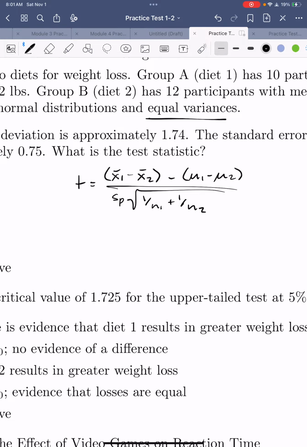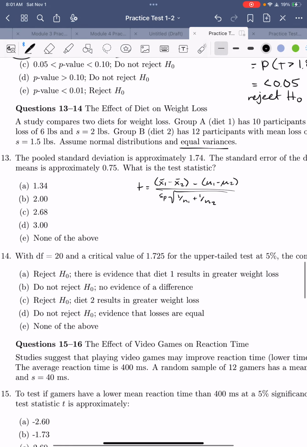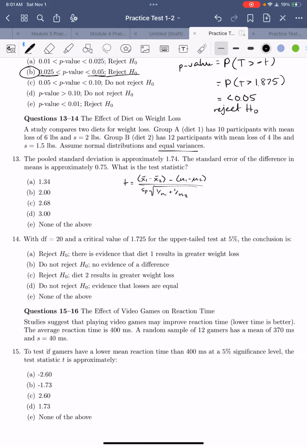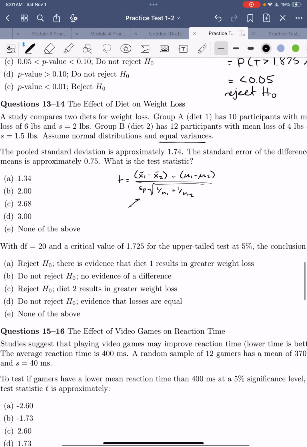Recall that our standard error of the difference of means, when the variance is equal, is this entire part down here, SP times the square root of 1 over n1 plus 1 over n2, so we can just use that, which is 0.75.